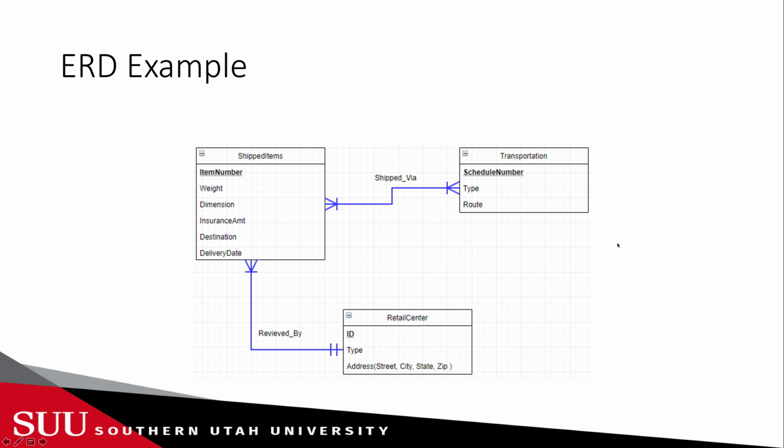So this is going to be my ERD: 1, 2, 3 entities, 2 relationships, and then I have the retail centers, the attributes for retail center, transportation, and shipped items. And this is a typical example of what you might get as a question to extract all of those things, which is entities, attributes, and relationships, and then draw your ERD accordingly.